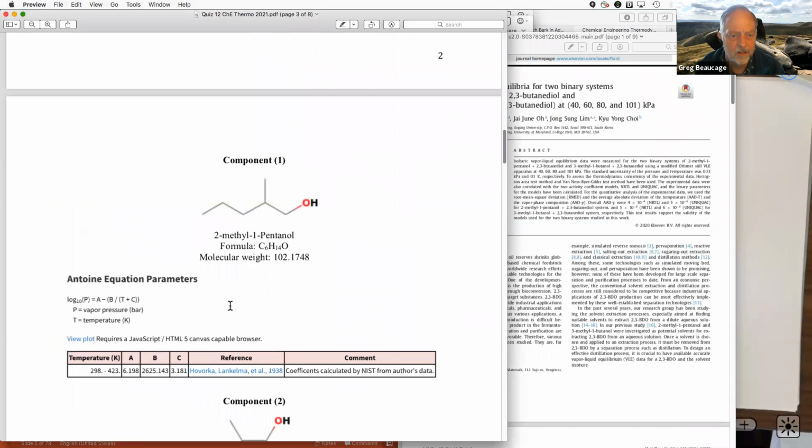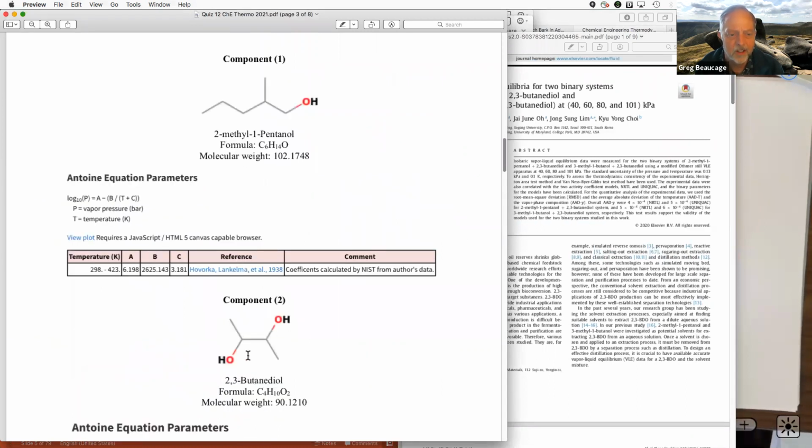So it's this molecule. It's in water, so they need to separate it. So they use a solvent extraction. They flow 2-methyl-1-pentanol into this. It makes a two-phase system, pulls the butane diol out, and then these two need to be separated by distillation.